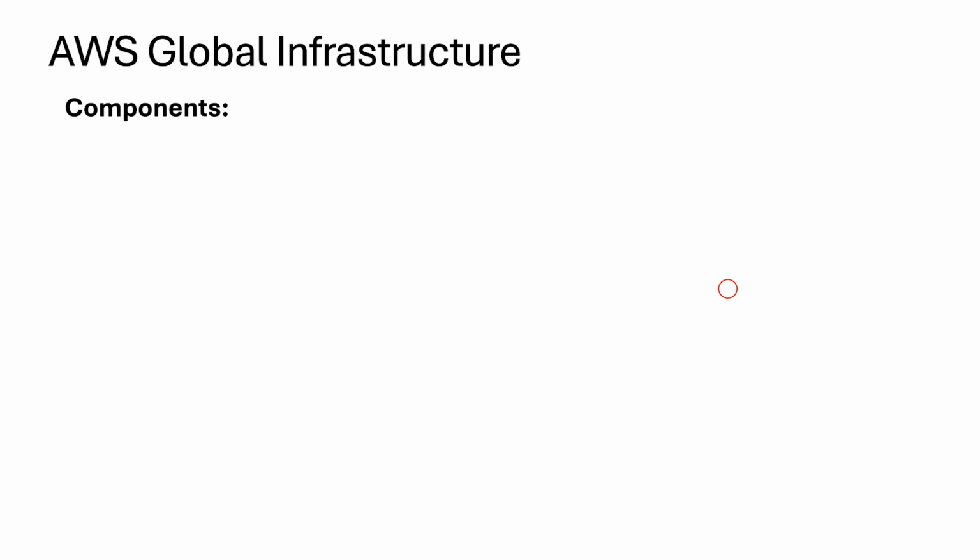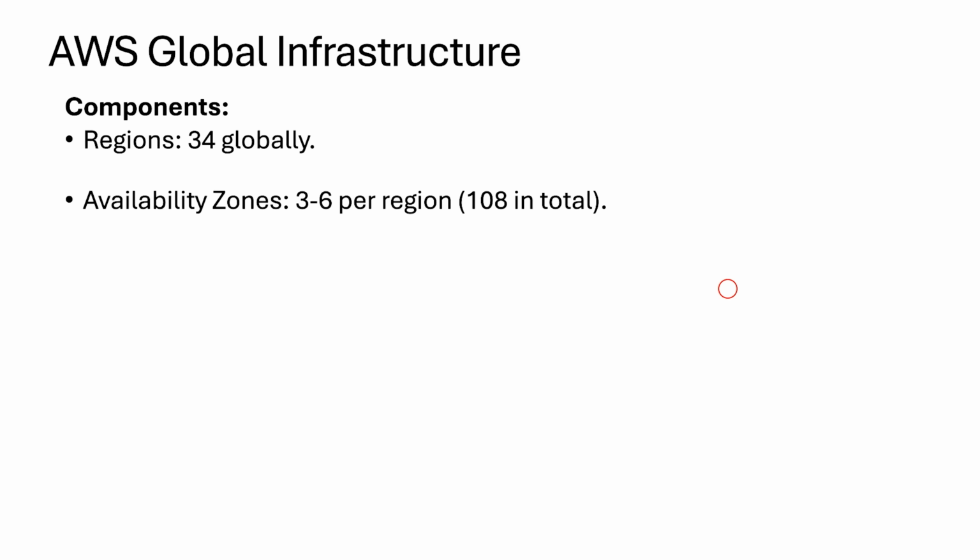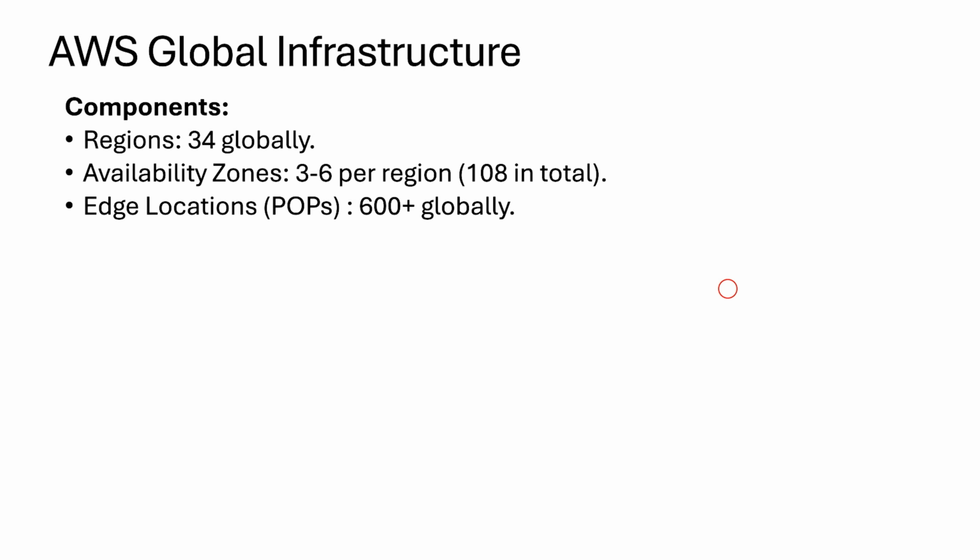It includes a few components like regions and availability zones, edge locations. We will call them points of presence recently, but earlier it was edge locations, and data centers. These are the four important components in AWS Global Infrastructure.